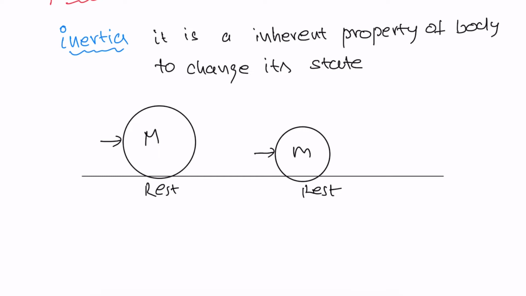Gradually, force is increased on both bodies. Initially, this body comes to motion. Later, this one comes to motion. It has more inherent property to resist changing its rest position. Compare this one.